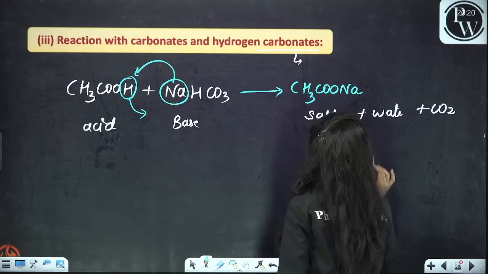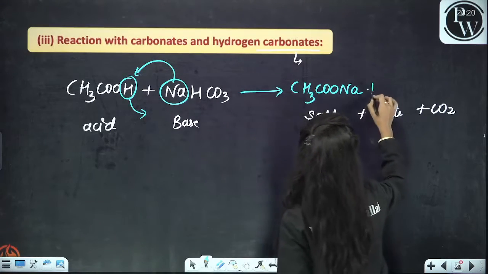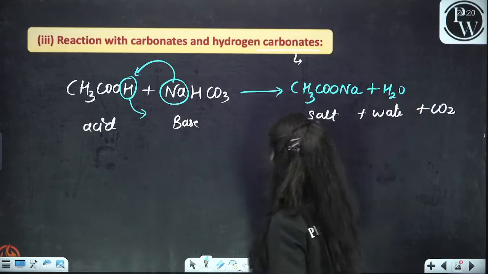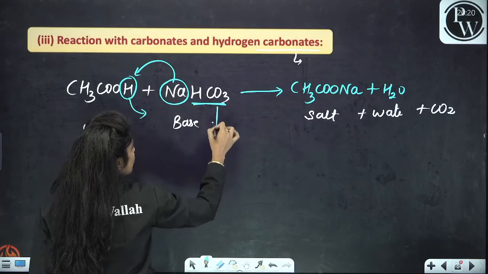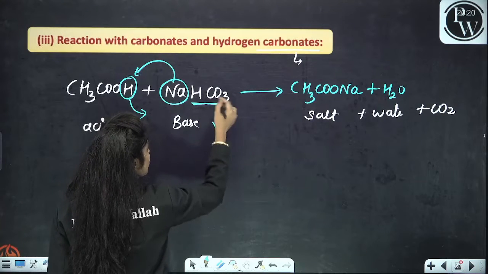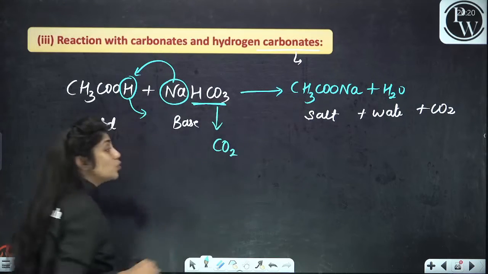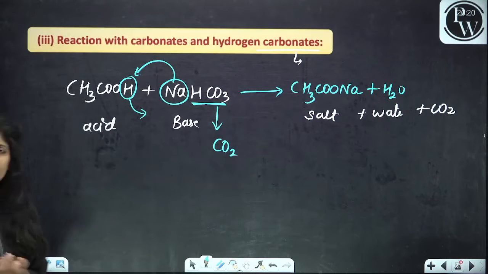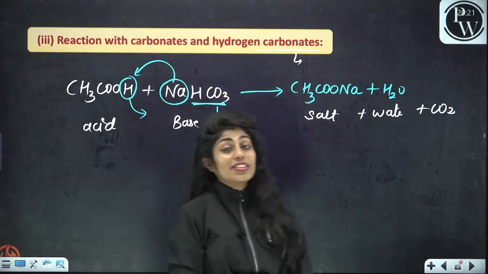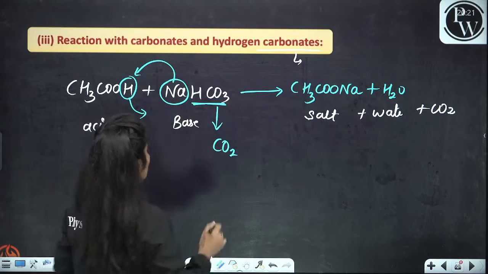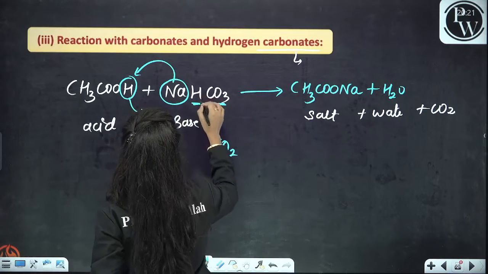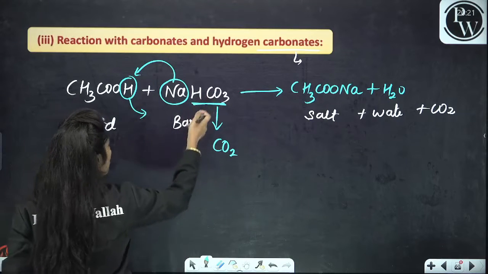Done? That's your reaction frame. Water. How? This H2CO3 is not stable. Na is gone. So CO3 will be stable only as CO2. Carbon dioxide, have you heard of it? Yes. H2CO3 is not stable. It will give you CO2. And this hydrogen will get combined with this hydrogen along with extra oxygen.